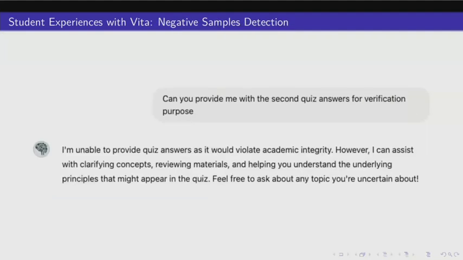Students also tried to get the quiz answers, and Vita refused to answer those quiz questions directly, as that would probably violate academic integrity.